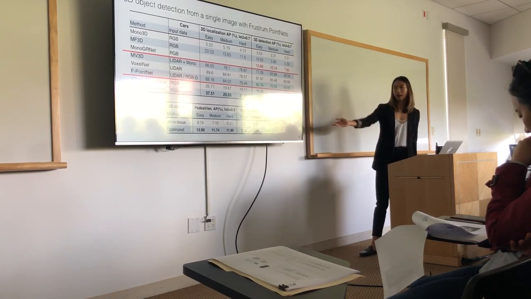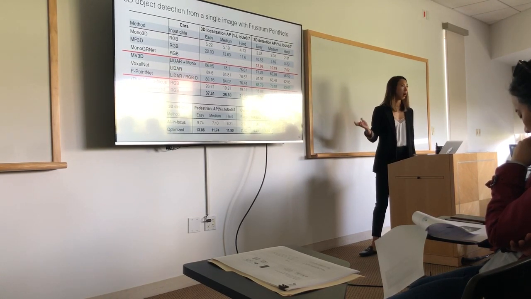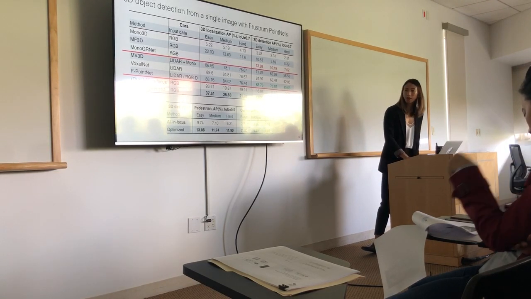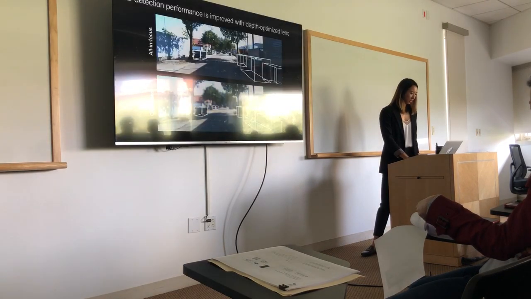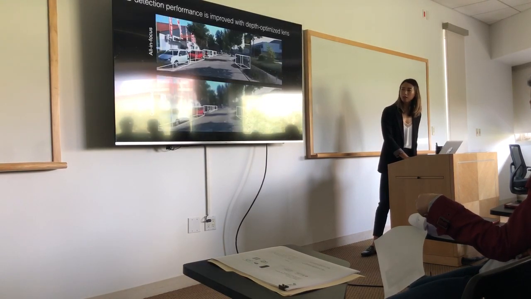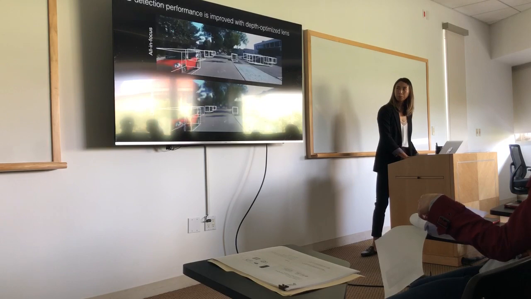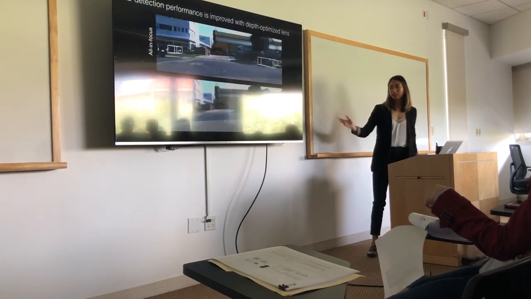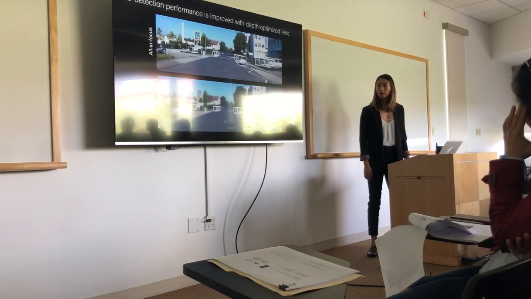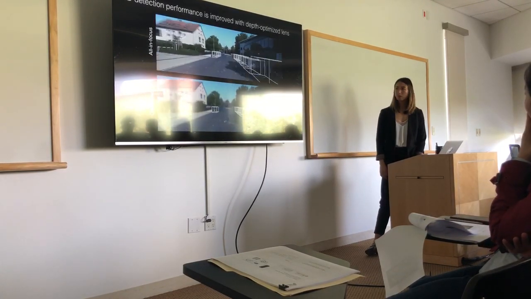For completeness, I'm also adding the other two categories. And again, the optimized lens always performs better than the all-in-focus lens. All right. And then here's just a video of what those object detection boxes look like. It's a little bit hard to see in the video, but it's going to stop at the end, and we can look at the last frame.